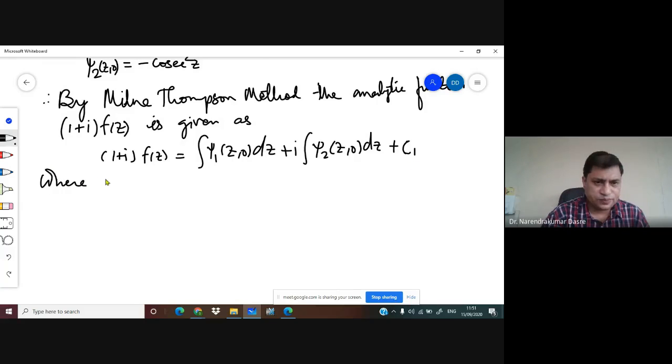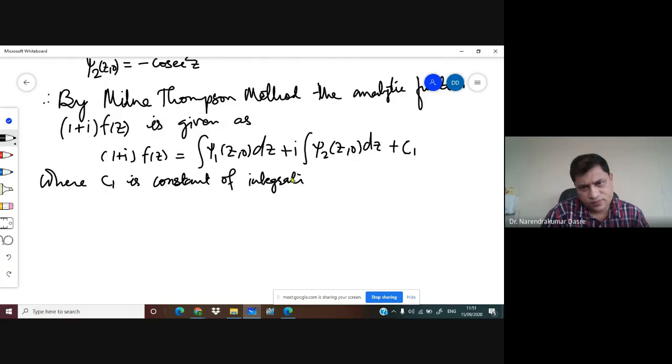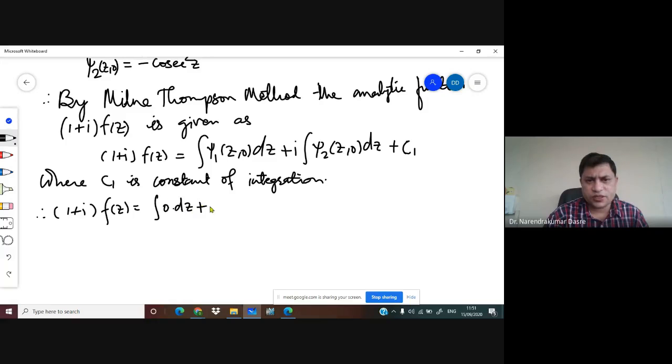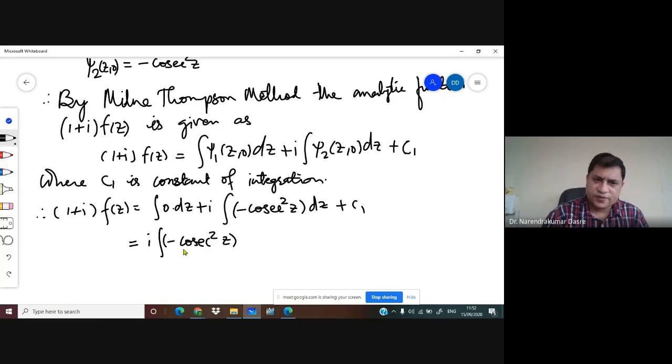So I'll write where C1 is the constant of integration. Now write down the values. We have 1 plus i into f of z is equal to integration of 0 dz plus i integration of minus cosec square z dz plus C1.